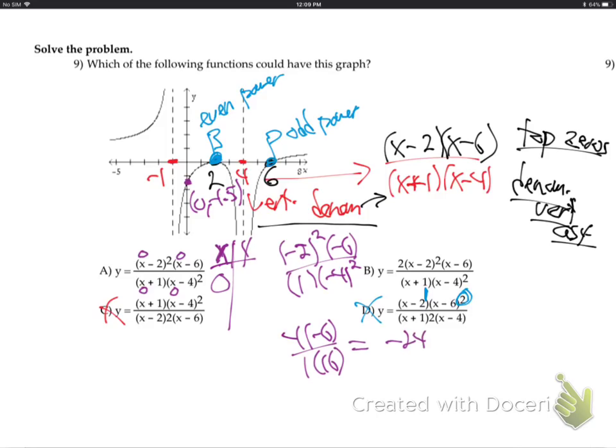It's negative 24 over 16. Negative 1.5. Oh, yeah. Beautiful. It worked perfectly. Over 0, down 1.5. If you plug into B, you'll get a different number. You get down 3, because that 2 will double the 1.5 to be 3. That's wrong. So A it is.